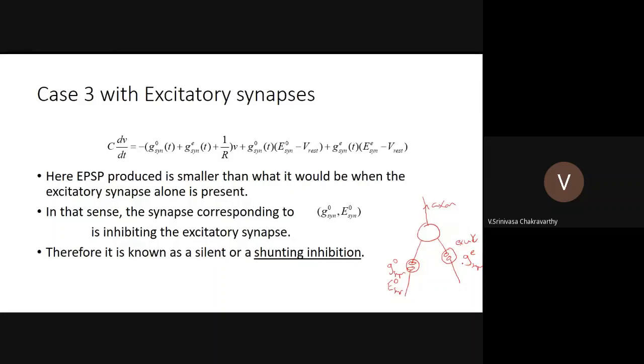Both are synaptic channels, because there are two different synapses on the same neuron, and the corresponding E will be E_syn^E. Now imagine you have action potentials arriving at both these synapses about simultaneously. You think this one will not have any effect because there's no change in current here.